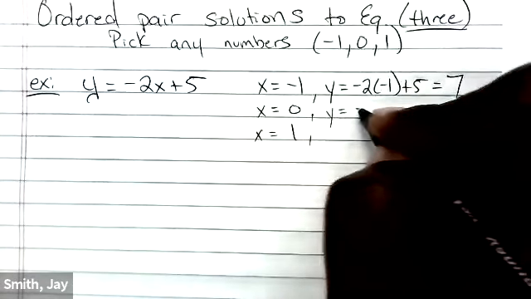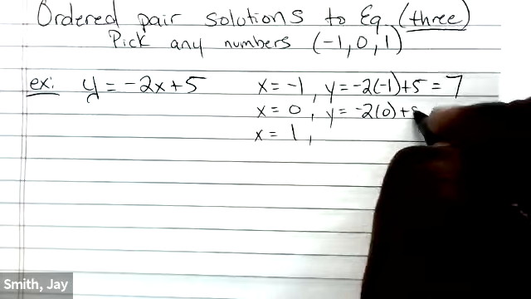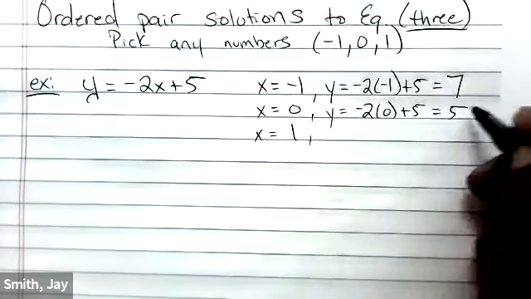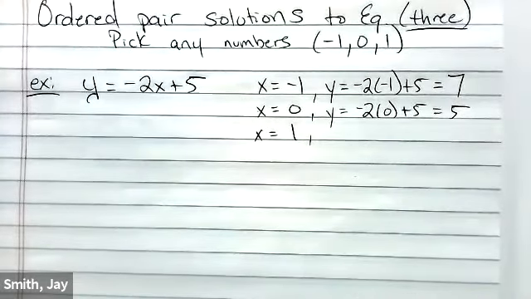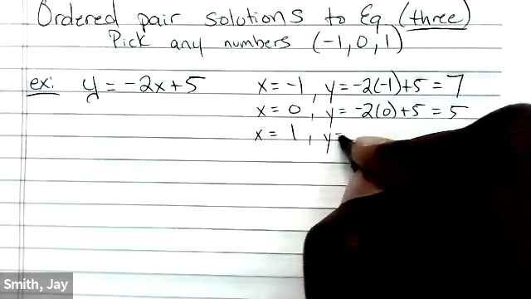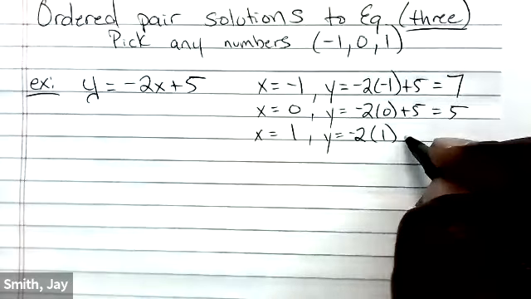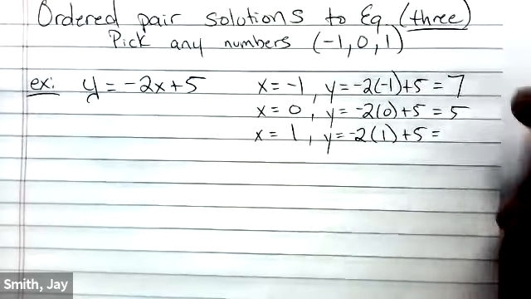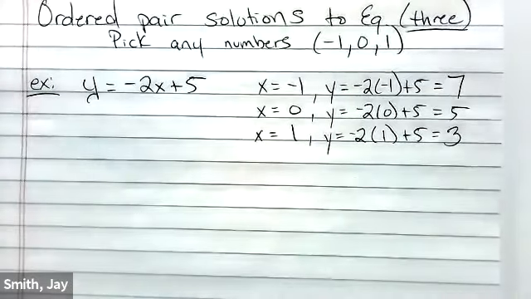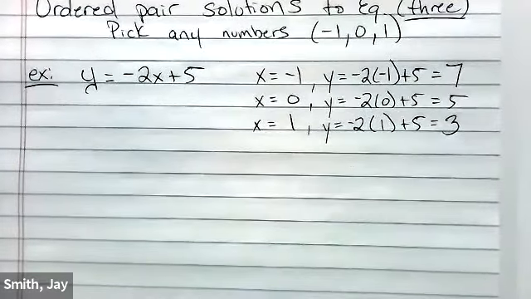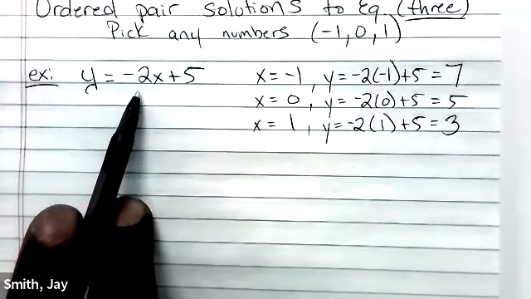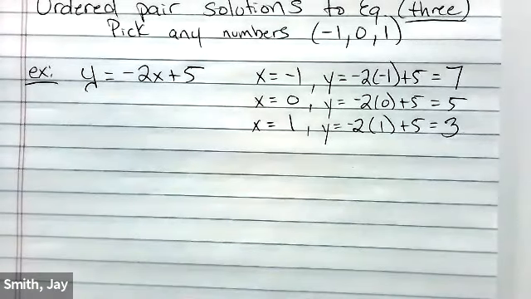So we have y is equal to -2 times 0 plus 5, or the y coordinate associated with the x of 0 is +5. And lastly, we have y is equal to -2 times +1 plus 5, or the y coordinate associated with +1, given that we have the equation -2x plus 5, is +3.